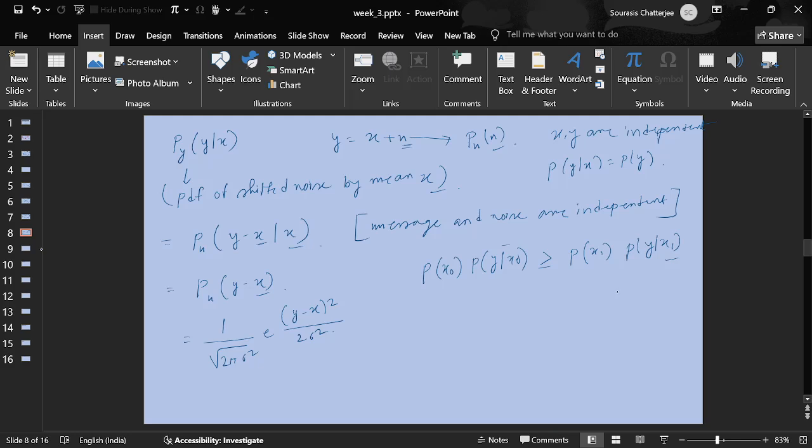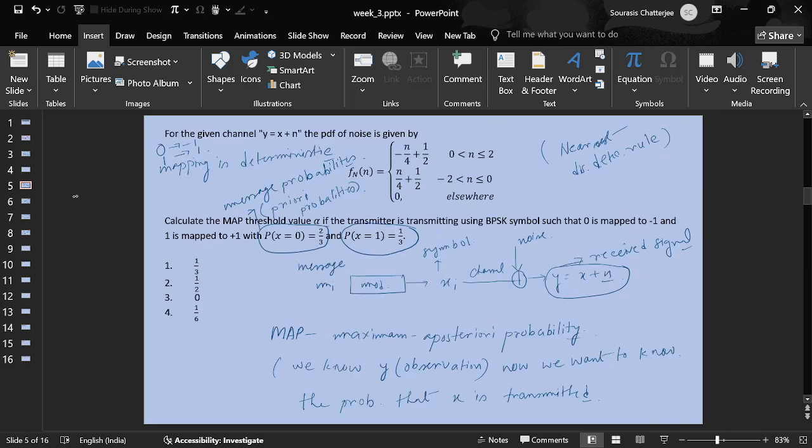But there is one thing I would like to point out here. This is for the Gaussian noise. But the question that is given to us, is it Gaussian?